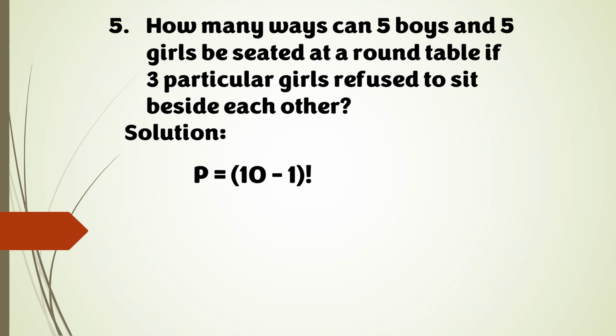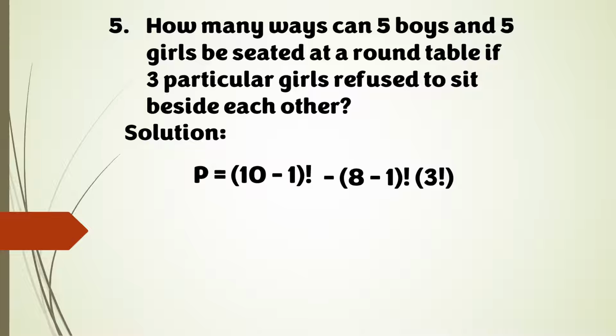Since 10 minus 1 factorial is the total number of ways wherein 5 boys and 5 girls can be seated at a round table with no restriction, we're going to subtract the quantity of 8 minus 1 factorial times 3 factorial.